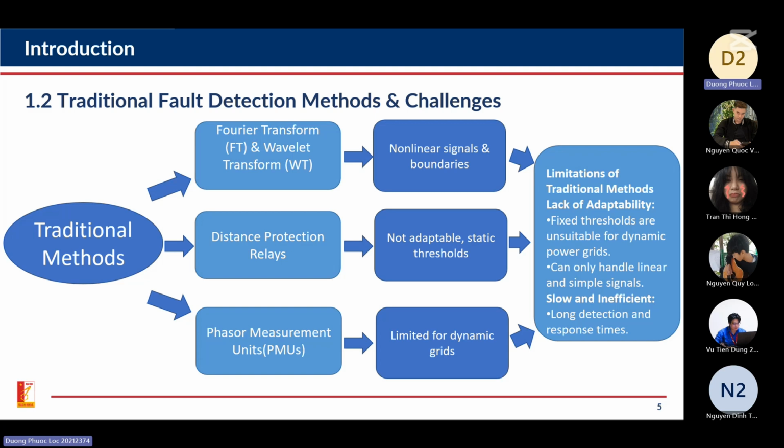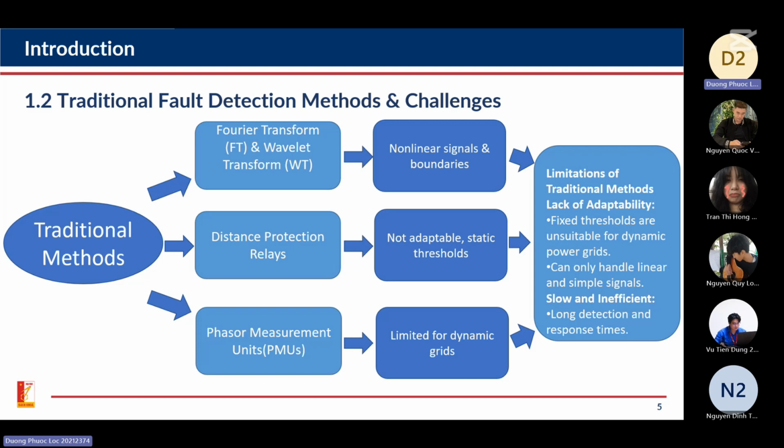And we have phasor measurement units. This method provides synchronized measurement of electrical waves, which helps monitor power grids. So the traditional methods are here.